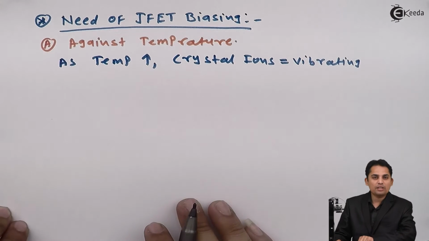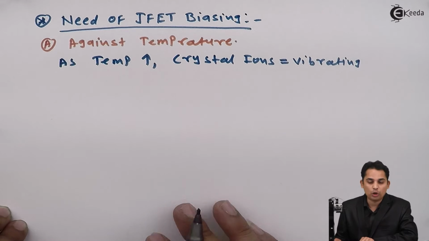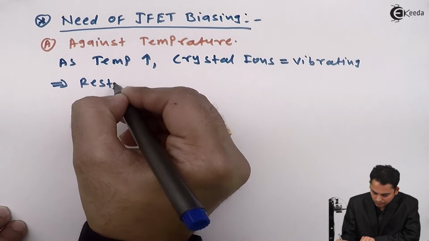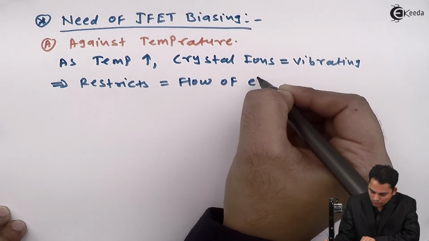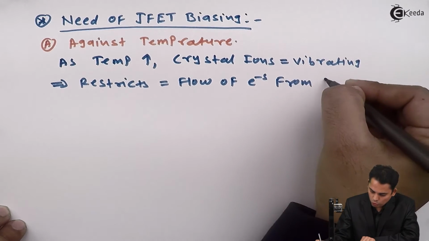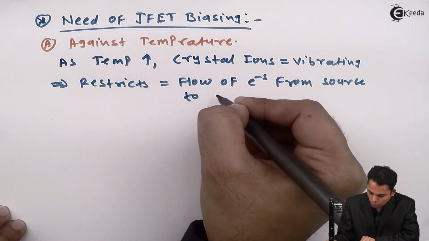As crystal ions are vibrating, they will restrict the flow of electrons from source to drain.